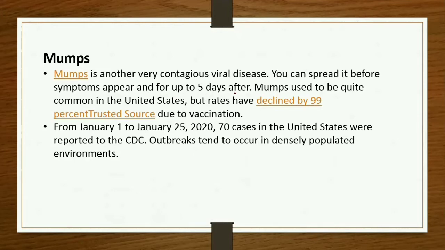Mumps is quite uncommon in the US, and rates have declined by 99% due to vaccination. From January 1 to January 25, 2020, 70 cases were found in the United States and reported by the CDC, the Centers for Disease Control and Prevention.